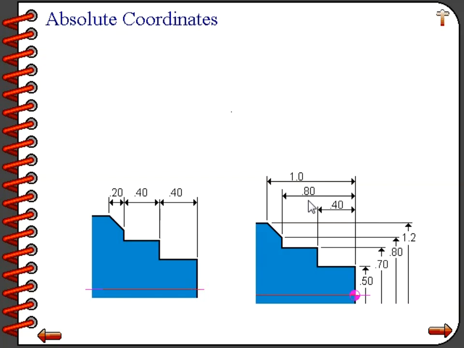To get to that position along the Z-axis, we would simply command Z-0.8. And finally, the last dimension along the Z-axis is a 1 inch dimension. To get to that position, we would command Z-1.0. Any position to the left of program 0 would be considered a Z minus position. Any position to the right of Z0 would be considered a Z positive position.